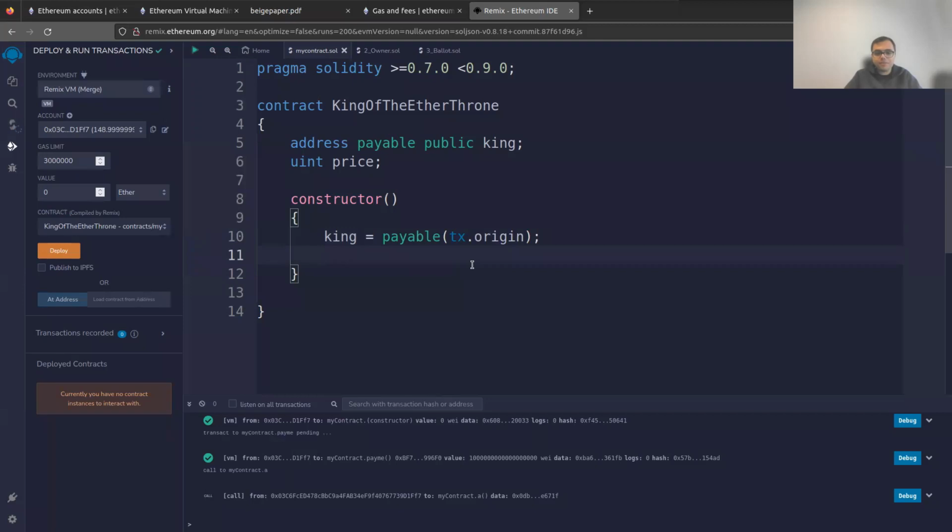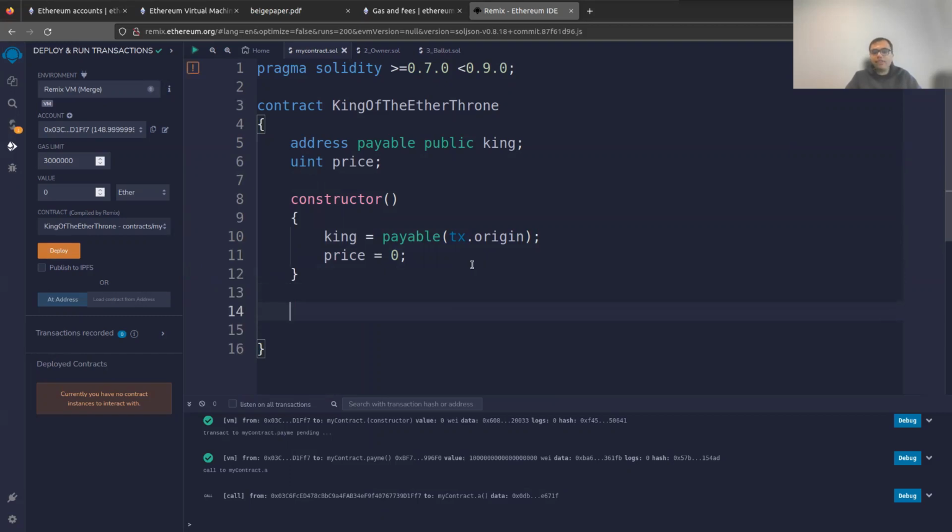So I set my king to be whoever deployed this contract, and initially I set my price to 0. Of course, I don't need to write this because that's the default behavior anyway. But okay, this is my constructor.